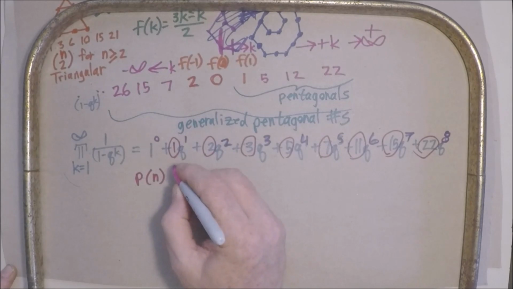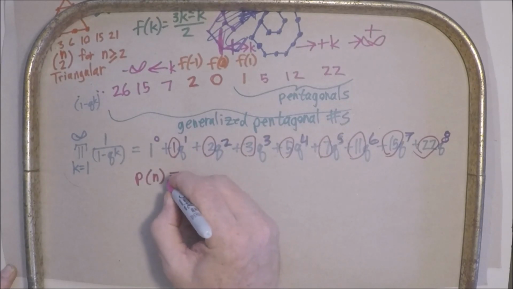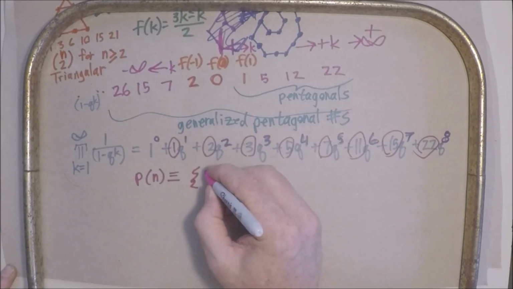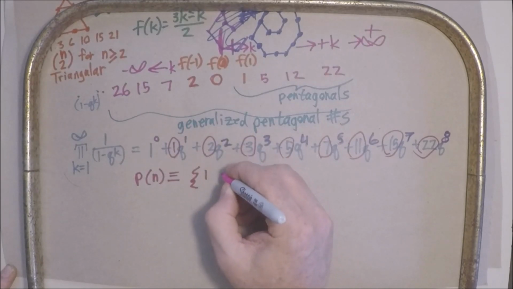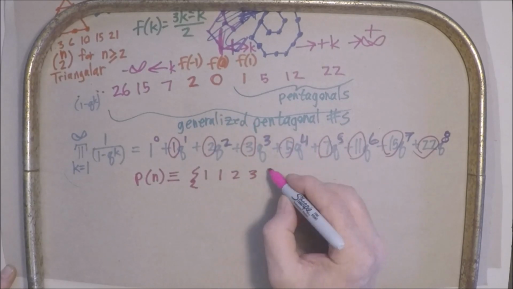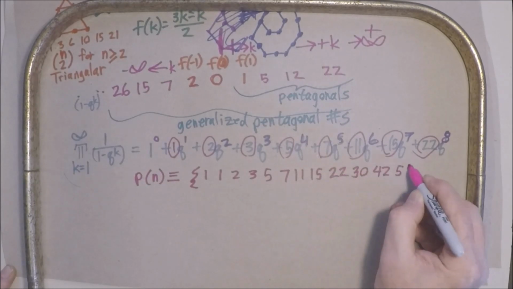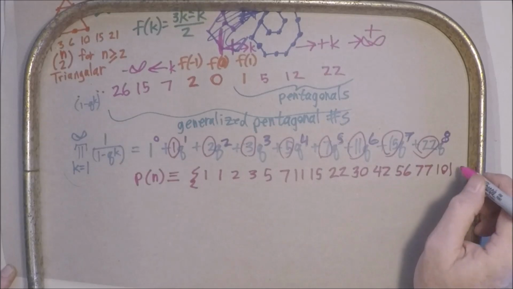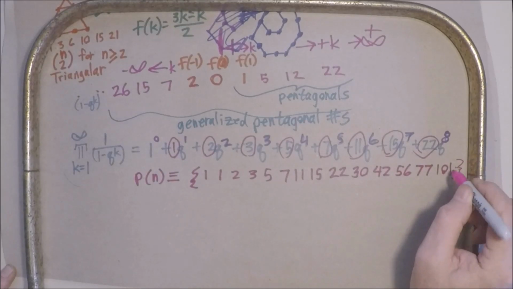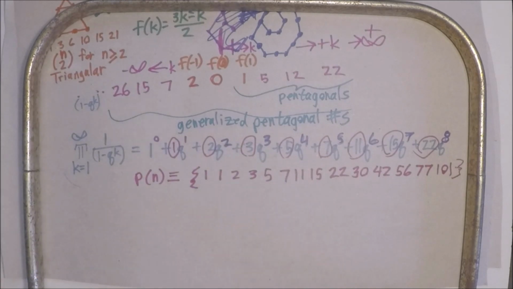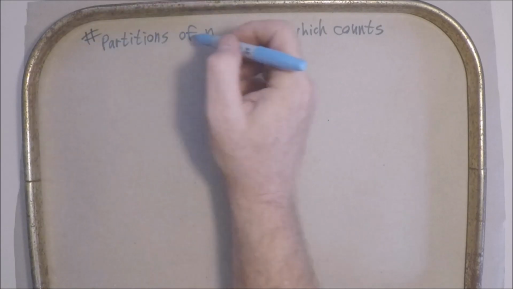P of n is given by the sequence: for n equals 0, 1; n equals 1, 1; n equals 2, 2; n equals 3, 3; n equals 4, 5; etc., up to 77, 101, I'm pretty sure, and so on. So P of n are these numbers, and they are the number of partitions of n.